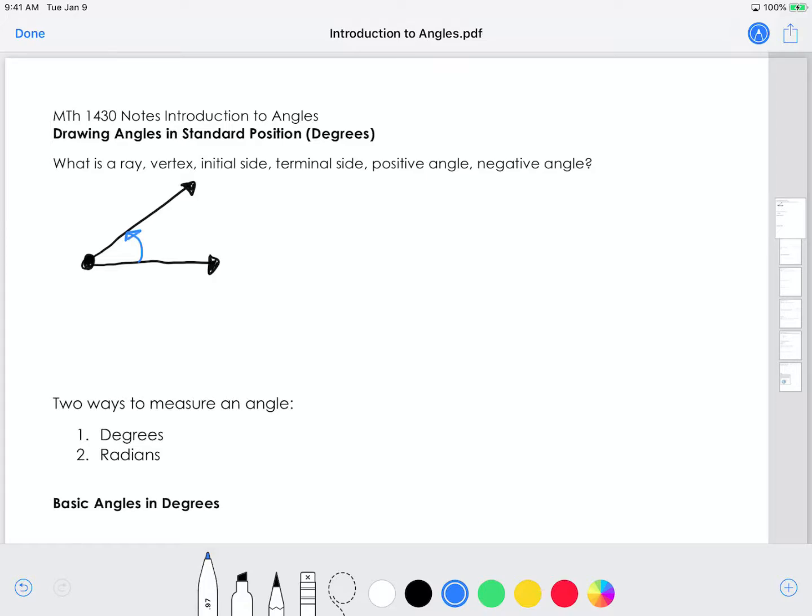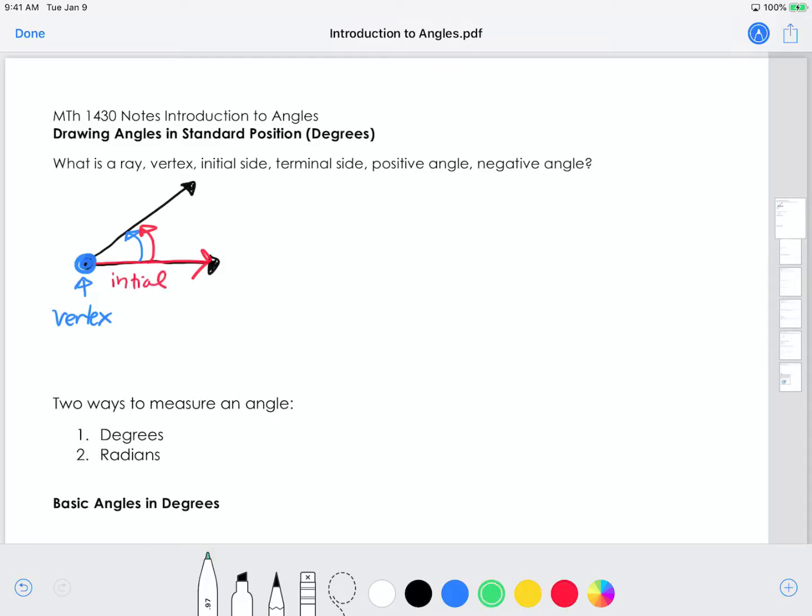Where the two rays meet is called the vertex. Then the initial side: when you draw the first side and you sweep it open, that first side is called the initial side.